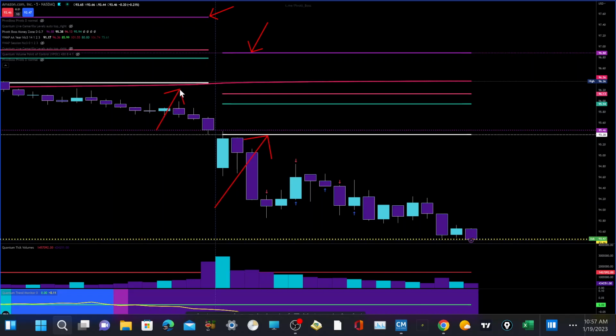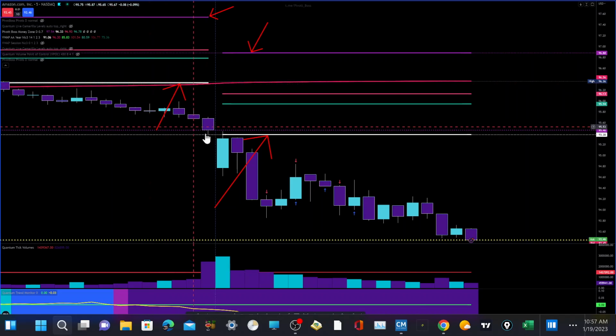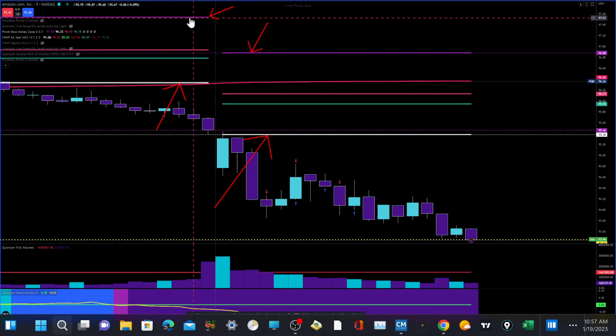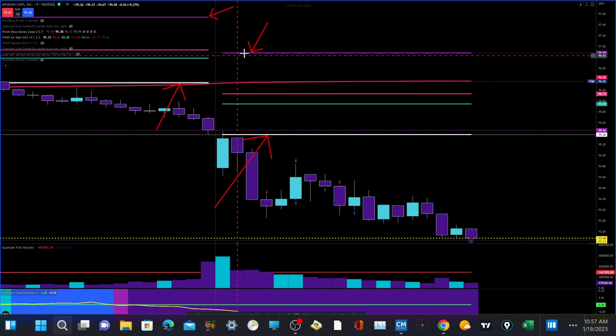Yesterday's value area low was 96.33, today's value area low is now 95.38, and yesterday's value area high was 97.53, and it moved down to 96.88. So overlapping lower value relationship, moderately bearish.